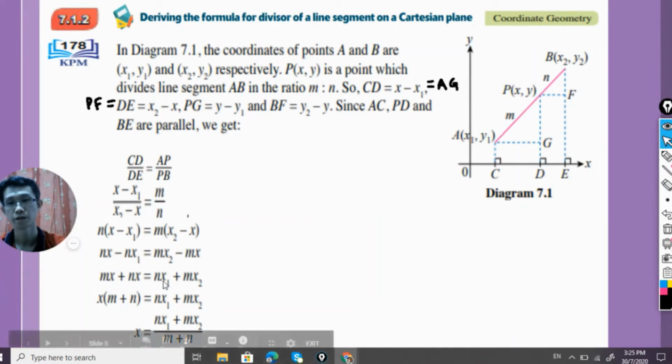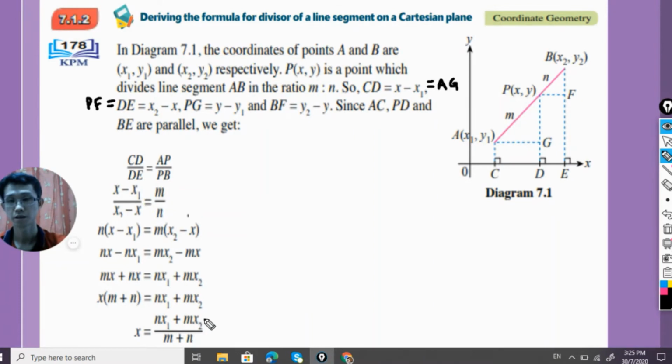After expanding and simplifying, we will get an equivalent expression for the coordinate x of point P. So the coordinate x for point P is given by n times x1 plus m times x2 over m plus n.